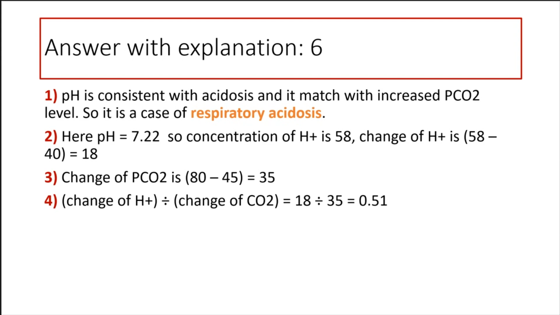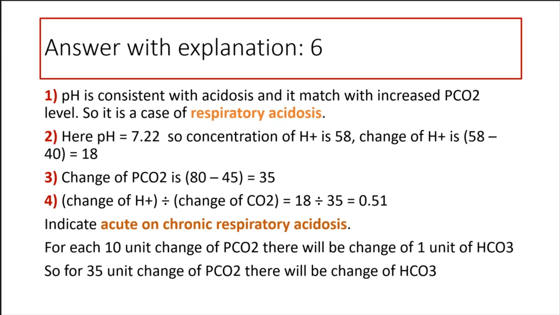Change of H plus divided by change of CO2 equals 18 divided by 35 equals 0.51. This indicates acute on chronic respiratory acidosis. For each 10 unit change of PCO2 there will be change of 1 unit of HCO3 or bicarbonate. So for 35 unit change of PCO2 there will be change of HCO3 or bicarbonate.